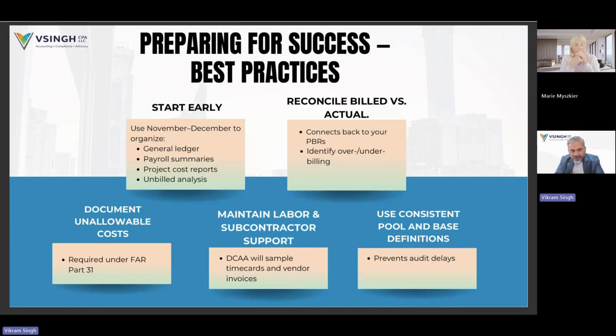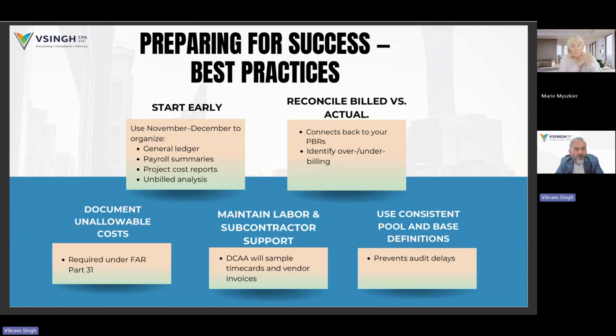Preparing a successful incurred cost submission: a lot of times I see a contractor who's on a calendar year trying to do the incurred cost submission in the month of May or June because it's due on June 30th. My recommendation to them is, don't wait. There are certain schedules within the incurred cost submission that can be done throughout the year.